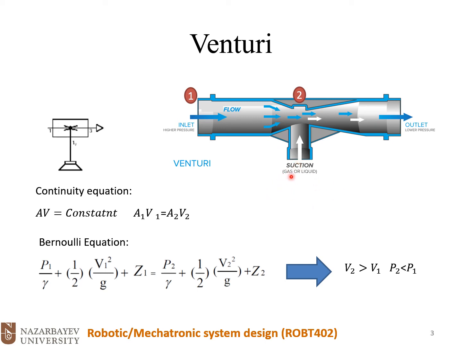Let's say this port is connected to the atmosphere, then it will create a suction and we will have an airflow from the atmosphere to the neck of the Venturi. That's why in the symbol we have a suction cup here. At the suction cup we will have suction, and we could have pick and place by the suction cup.